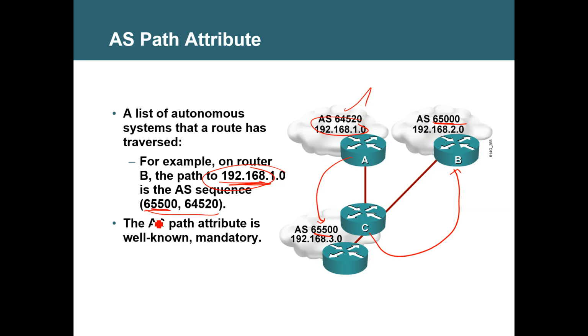The very first autonomous system is the immediate autonomous system which is giving. The last autonomous system number is the autonomous system from where this network was originally advertised. About the AS path we already know. We are not learning about AS path here. We are just learning about the attribute.